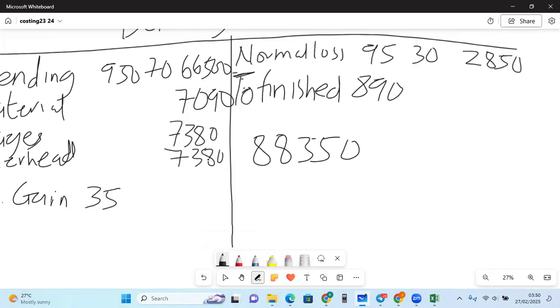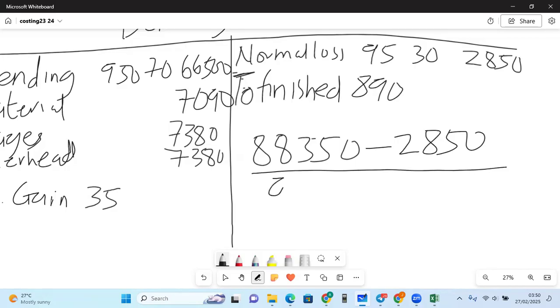Then, as usual, you subtract your normal loss 2850 from it, then divide by your same 950 minus your normal loss value 95. You get it.